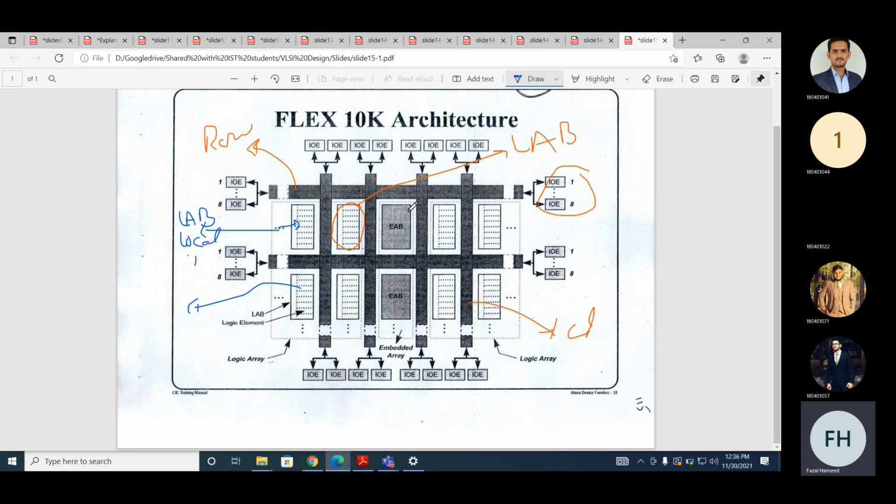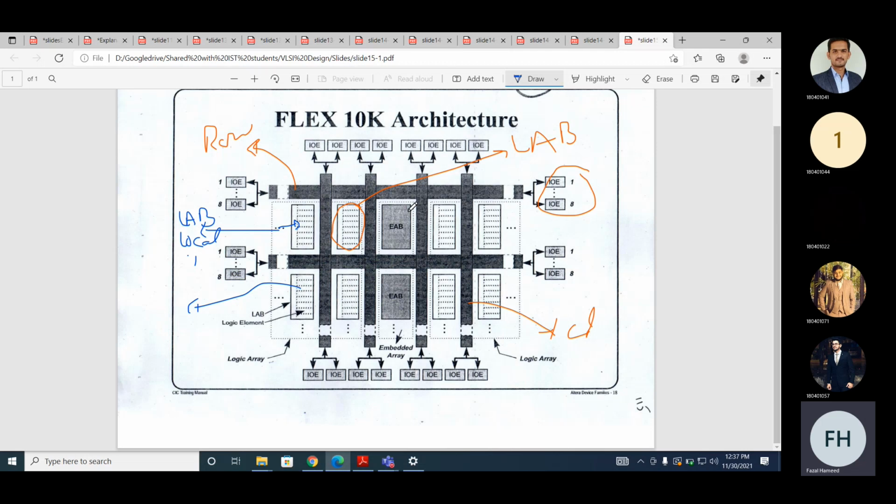The logic array block consists of 8 logic elements. Each logic element can implement a combinational or sequential function of a maximum of 4 inputs. But if you want to implement a wider function, we can use a cascade chain or carry chain. And for arithmetic functions like an adder, we can use arithmetic mode with carry in and carry out.